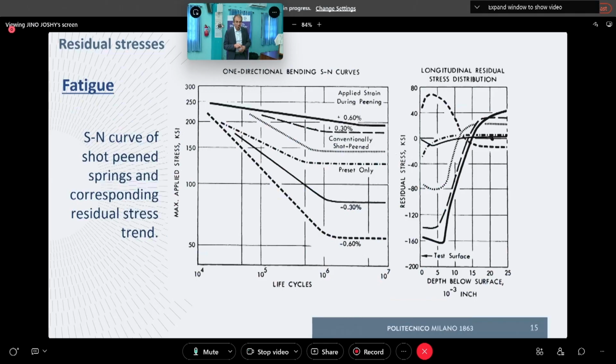We consider it as the reference curve, let's say. This curve is represented in terms of residual stress by this curve. So preset, this is the SN curve with a fatigue limit around 140 KSI, and this is the corresponding residual stress curve.